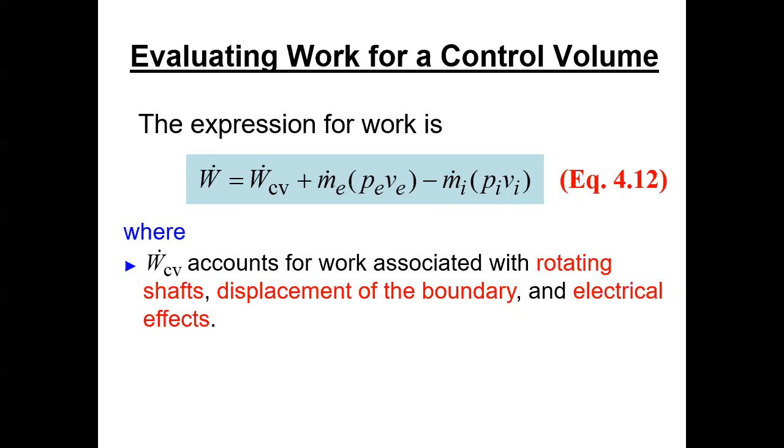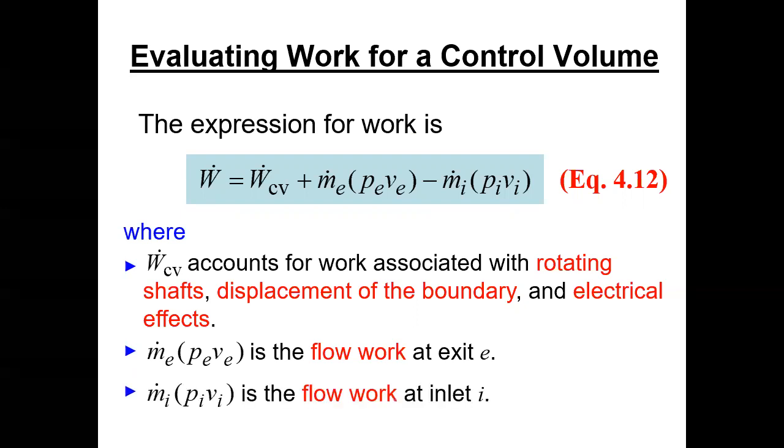So the big V turned into specific volume, but when you multiply by the mass flow rate, that turns it back into a big V. And so we have already said that. And so this M dot E pressure sub E, specific volume sub E, is flow work at the exit E, and we got the same thing at the inlet I. Okay?